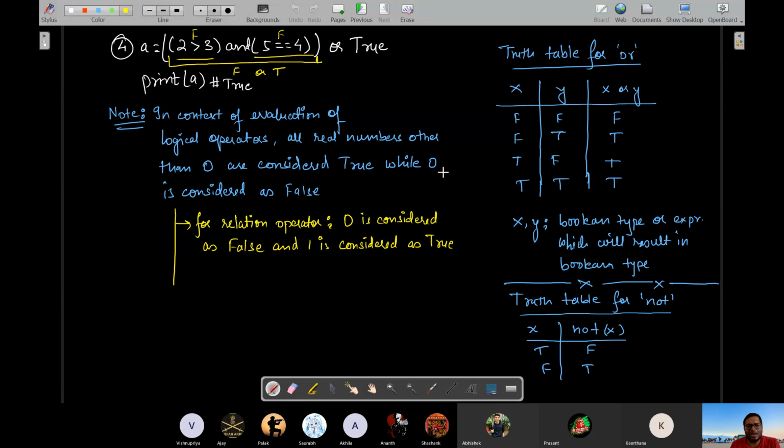You will apply a similar approach in the evaluation of logical operators, but the only difference is that only zero is treated as false. Other numbers are treated as true. Okay? But such a case will not come up.